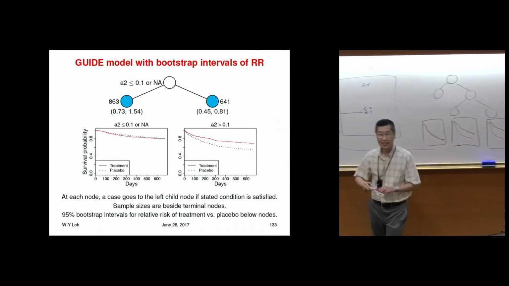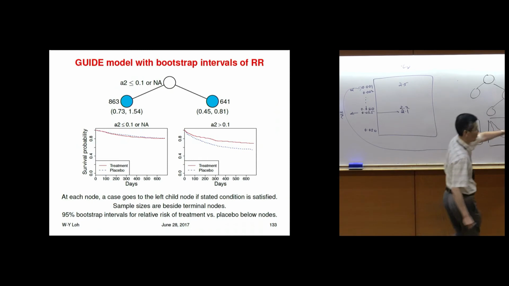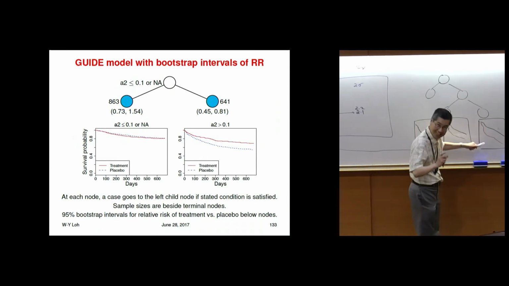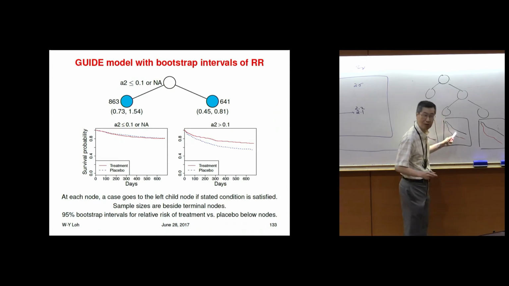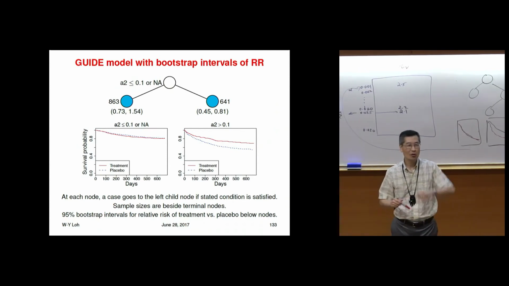So which is the subgroup? You say, oh, this is more. But it could be by chance, this is slightly more than this, just by chance. So the true subgroup may be this one, but just by chance, this is a little bit less than that. You choose this one, your separation is too much. Your estimated separation is too much. So overall, you get a biased estimate.